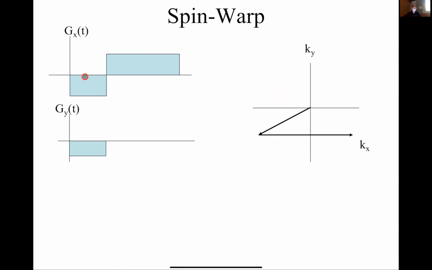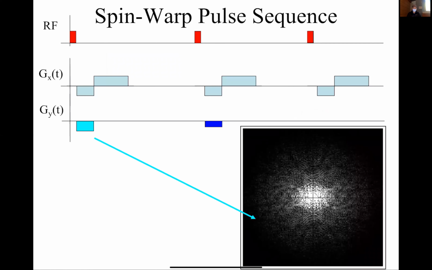We have these two gradients, they're negative, so they move us out to this point. Then we turn off the Y gradient and we reverse the X gradient. So now instead of moving us negative along KX, it starts to move us positive. And then we just repeat that process over and over again, acquiring lines in K space.